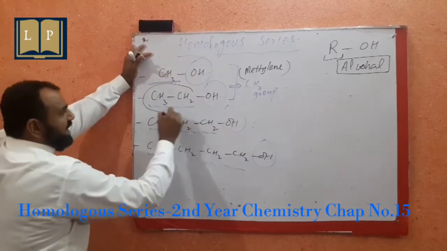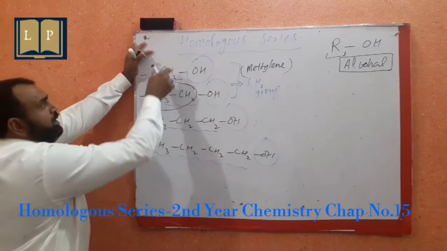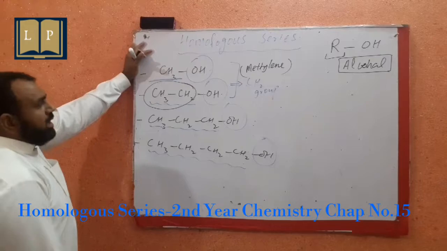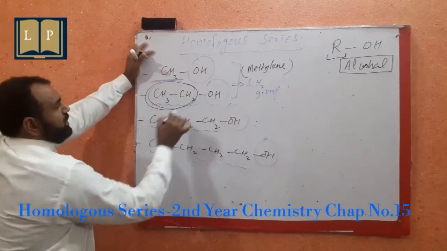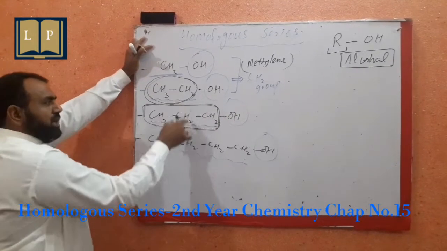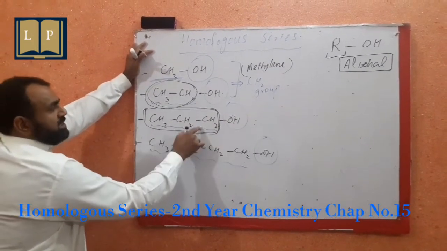Looking at these structures, one thing very observable is that CH3, the methyl portion, and C2H5, the ethyl portion, differ from one another by a CH2 unit. Similarly, this ethyl portion and the 3 carbon atom propyl portion again differ from each other by a CH2 group.